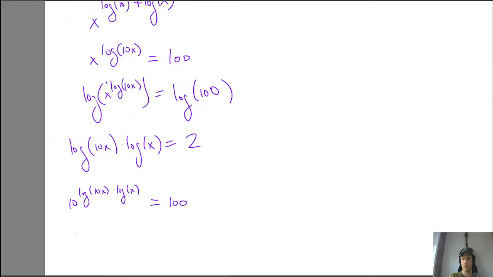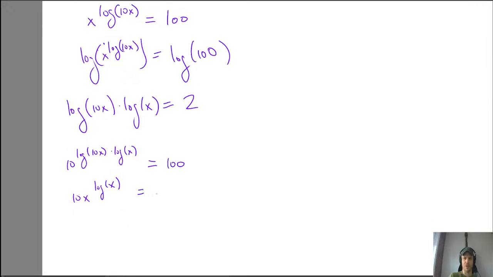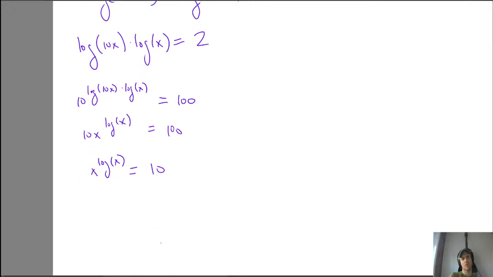So this would be 10x raised to log x. I'm just missing a trick, you know? So x log x equals 10. Oh, there it is. Okay.